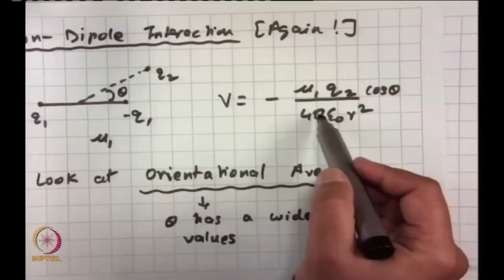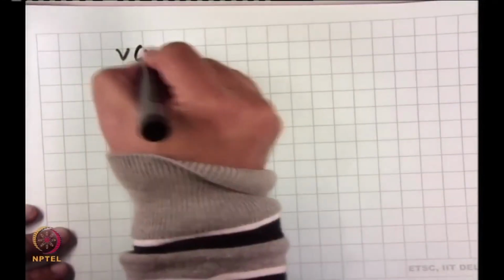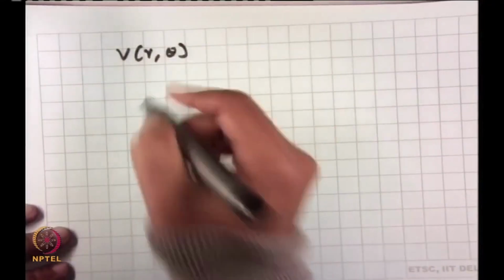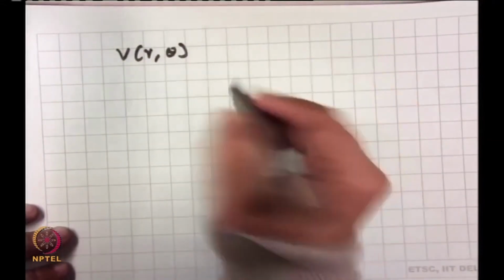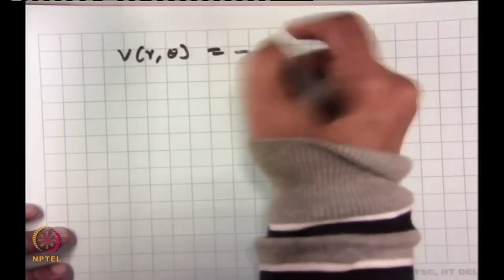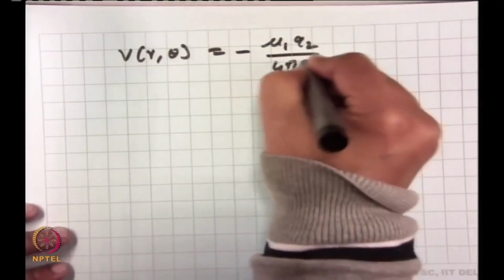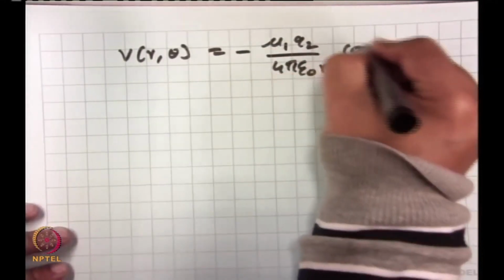So look at this equation again, and let me write it again just to make the connection. I can write the previous equation as V of r, theta, because it depends upon theta, it also depends upon r, equal to minus mu1 q2 over 4 pi epsilon 0 r squared, cosine of theta.